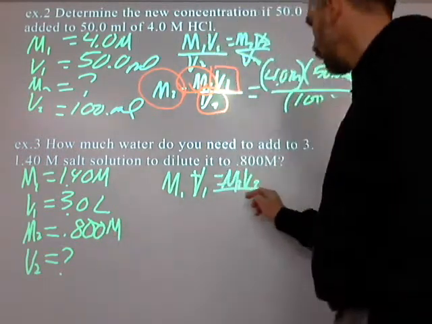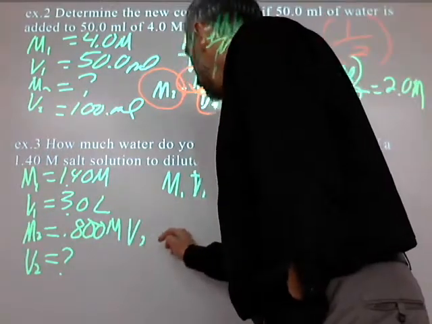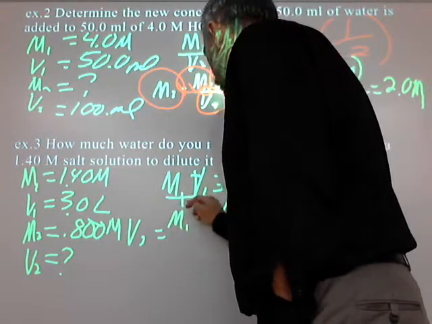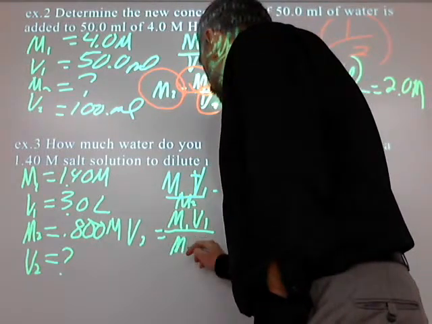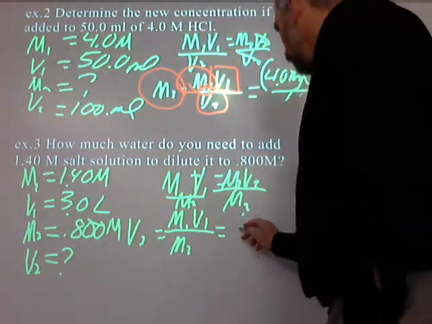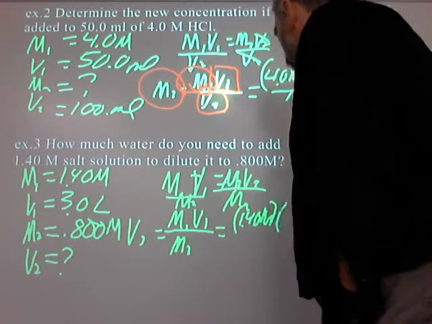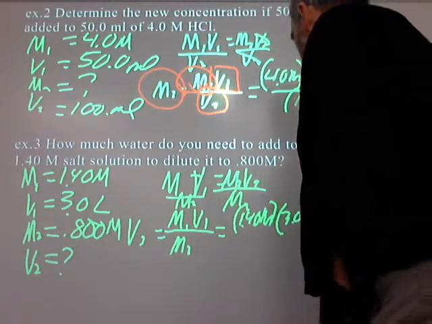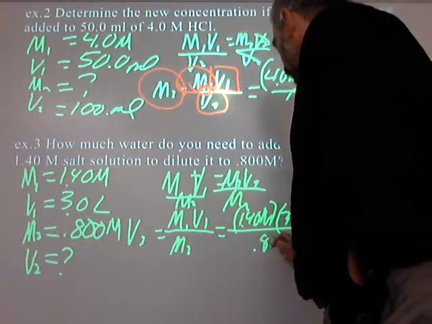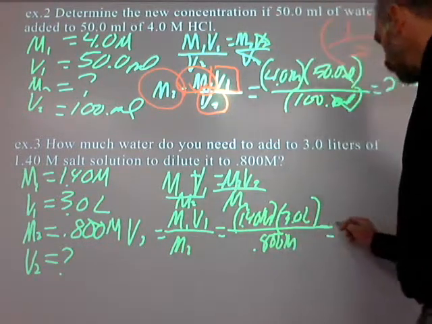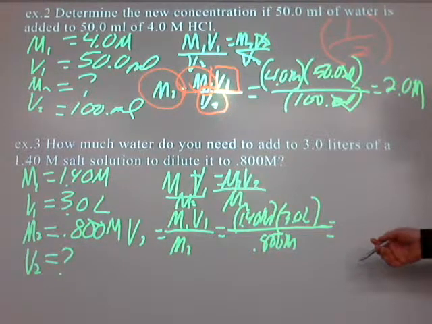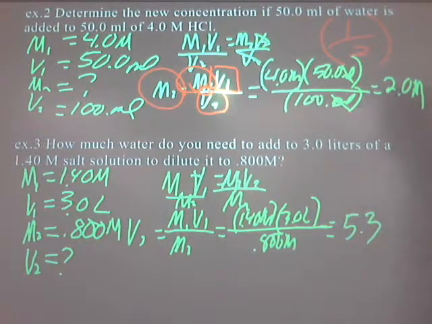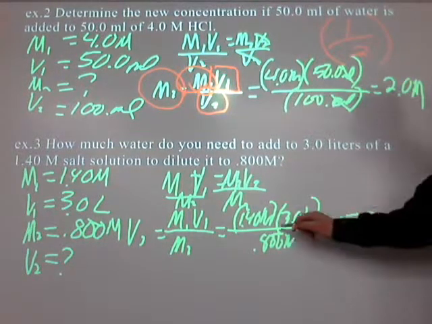Solving for V2, divide by M2. V2 equals M1 V1 over M2, which equals 1.40 molar times 3.0 liters over 0.800 molar. What do I get? 5.3. Anybody else get 5.3? 5.3 what? Liters. Molar cancels, liters.